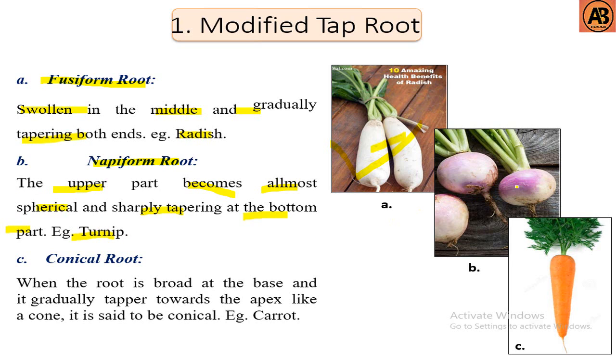This is turnip. Upper part is spherical and sharply tapering to the bottom. This is napiform root. Then conical root. When the root is broad at the base and gradually tapers towards the apex like a cone, it is said to be conical, such as carrot. This is conical root.